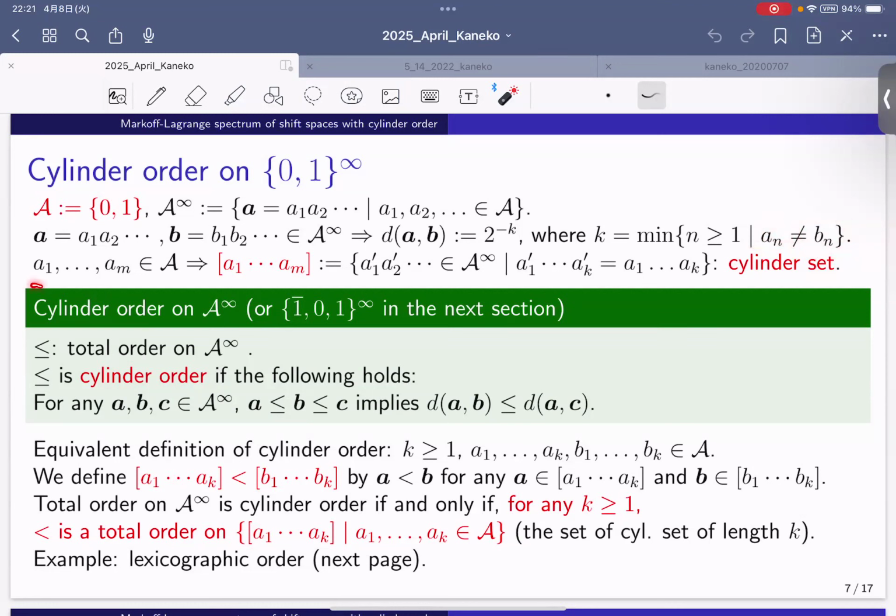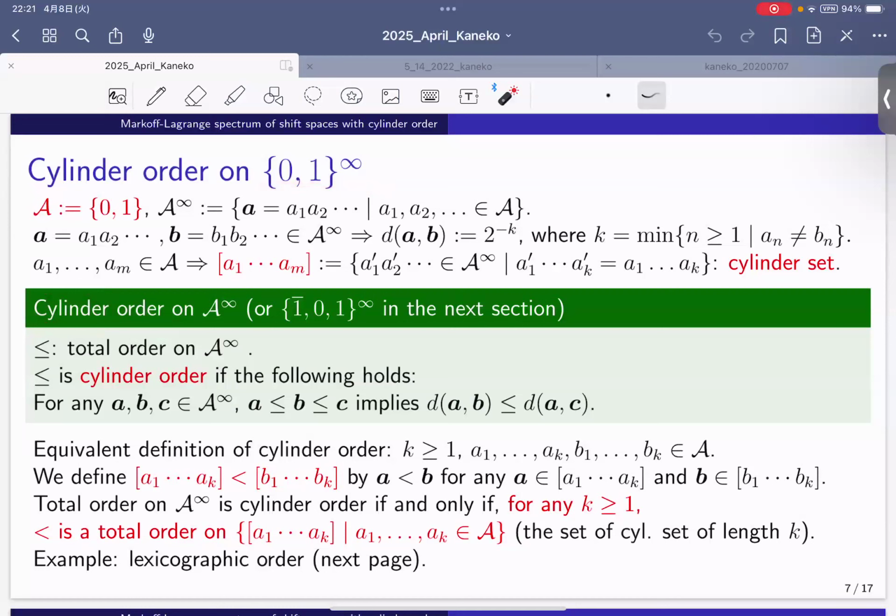And its natural definition: A1 through Ak are 0 or 1, and [A1...Ak] is a cylinder set. That means this is the set of sequences A1', A2', and so on, such that the first k letters coincide with A1 through Ak. So we introduce the cylinder order on this set.